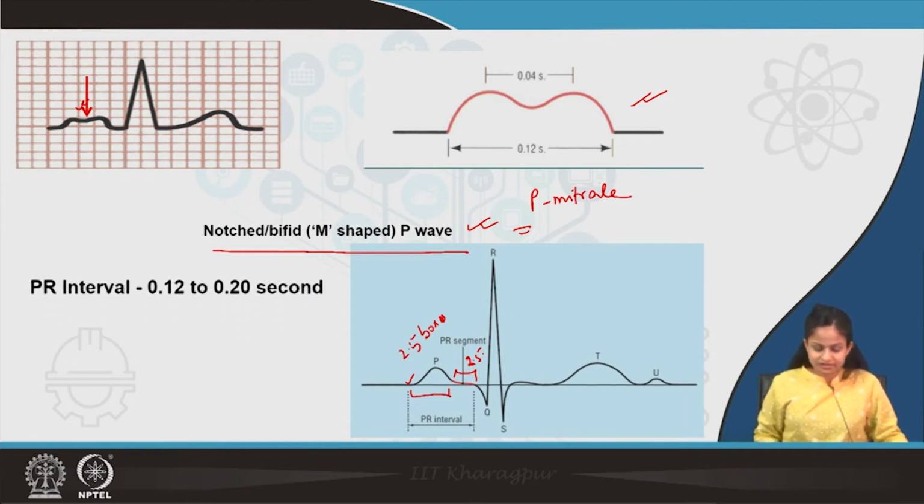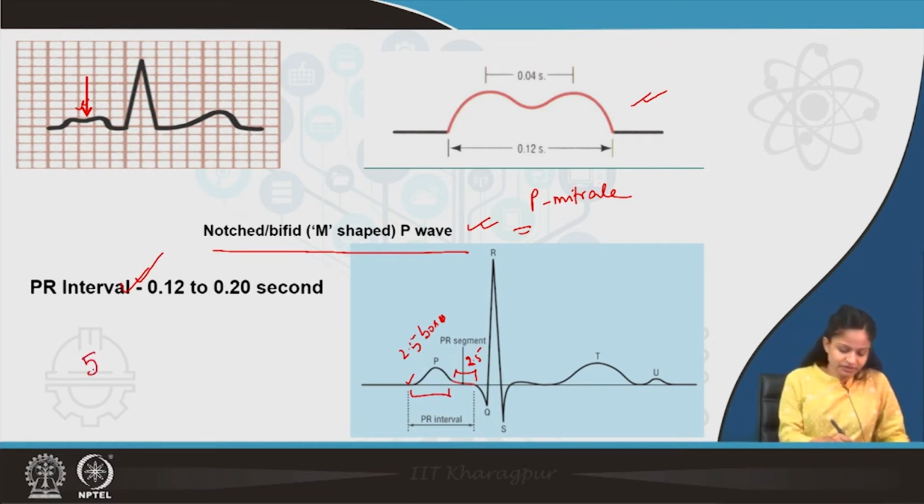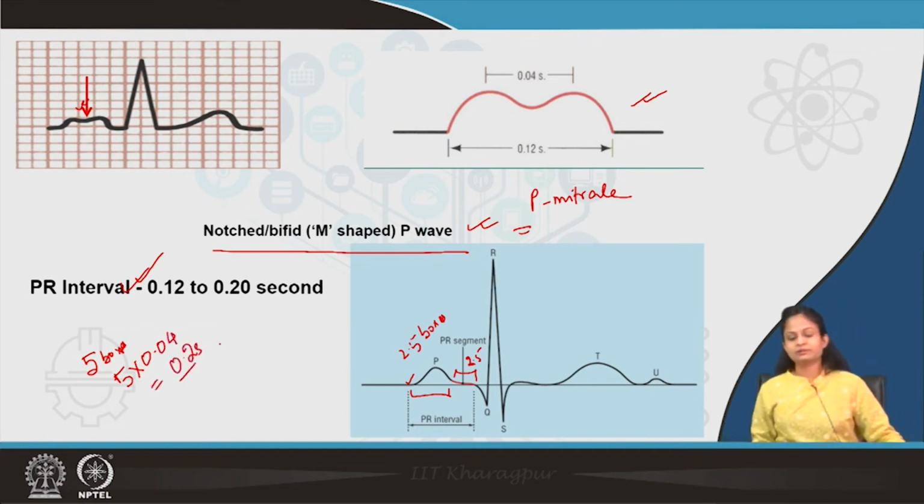So, that is the normal PR interval, which should range between 0.12 to 0.2 seconds. If we say 5 boxes, meaning 5 millimeters, which means 5 into 0.04, that means 0.2 seconds. So, this is the normal PR interval. It should be within this range, 0.12 to 0.2 seconds.